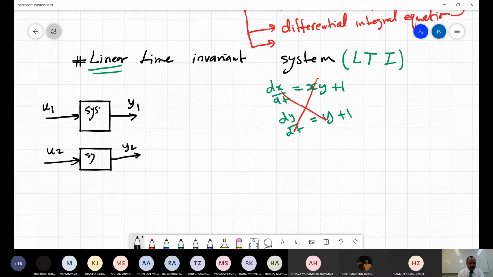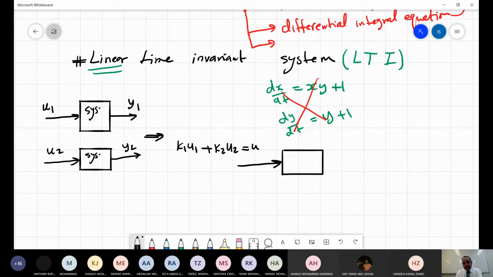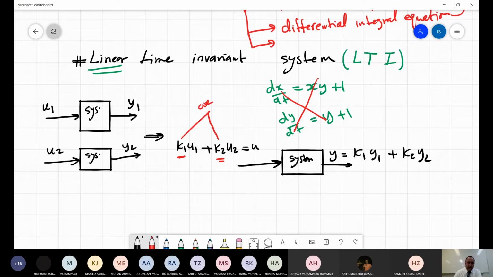Now, the superposition principle states that if I have K1 U1 plus K2 U2 as the input, and I inject it to the same system, then I will get Y, which is a combination of K1 Y1 plus K2 Y2, such that K1 and K2 are constant.